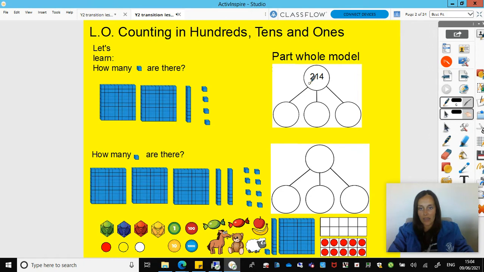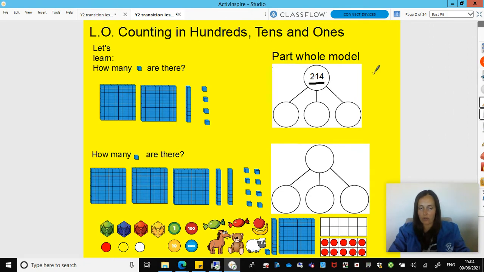So our number here is 214. So let's think about our place value grid. We've got our hundreds column here. How many hundreds have we got? Well, we've got 200 here, so we can write 200. How many tens have we got? Well, we've only got 1 ten, so we can write 10.